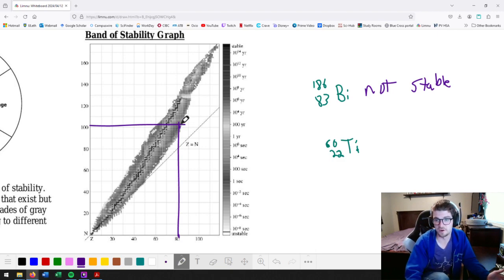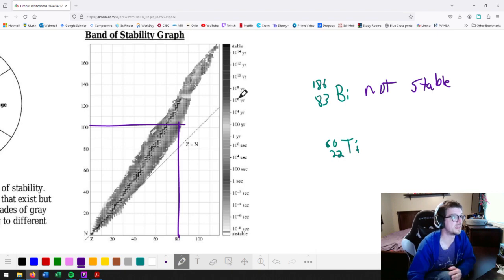from where this falls on the graph, it would be more stable if this were to have either more neutrons or fewer protons.